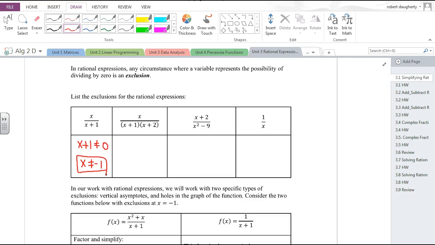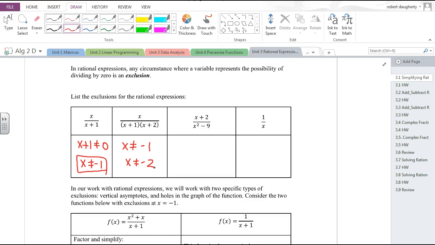Look at the next one. Basically, I'm always looking at the denominator. In this case, x cannot be what? It can't be -1, and x cannot be what? -2. Those are the two exclusions for this rational expression. Now, in order to determine our exclusions, I need everything to be fully factored, okay?